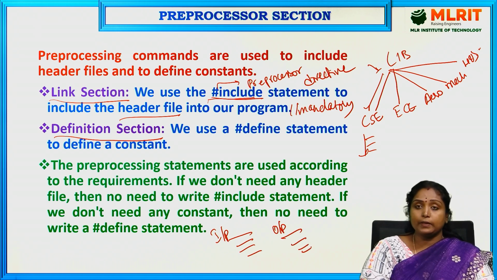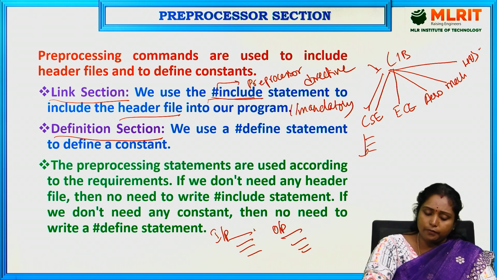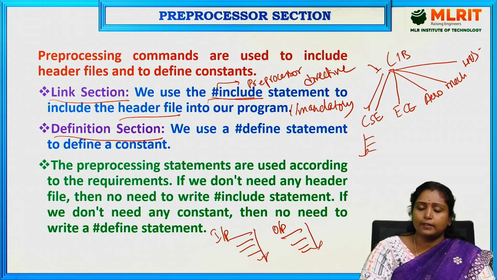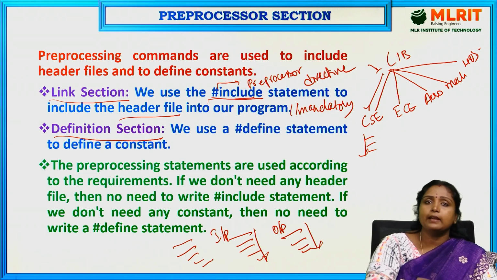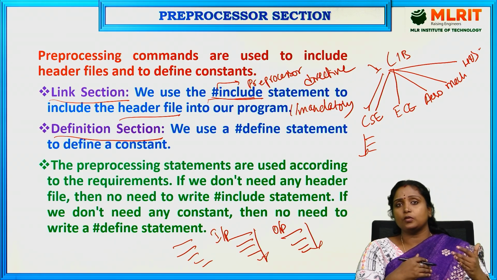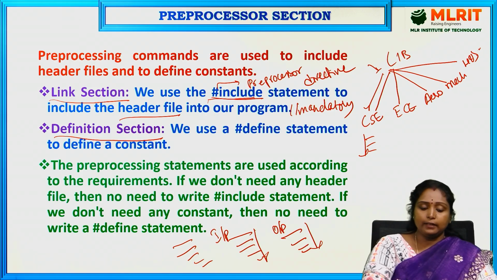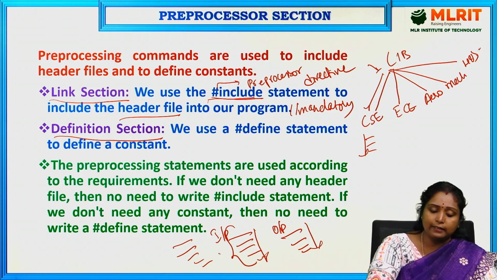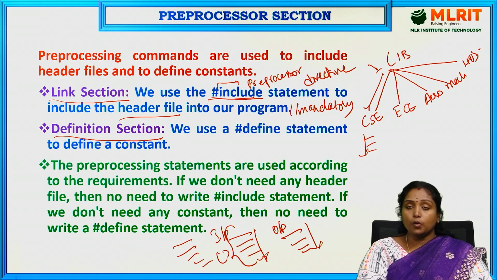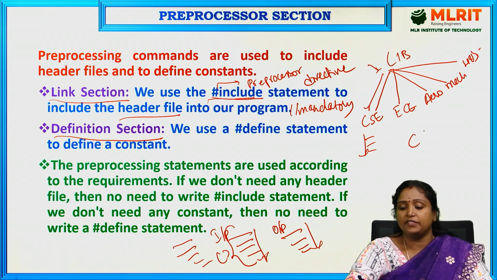So for every input I have to write the program, for every output I have to write the program, and for every operation I have to write some lines of code. Instead of writing n number of lines every time, they have coded them together and given them in one function. Similarly, how the library is there, we will have the C library.